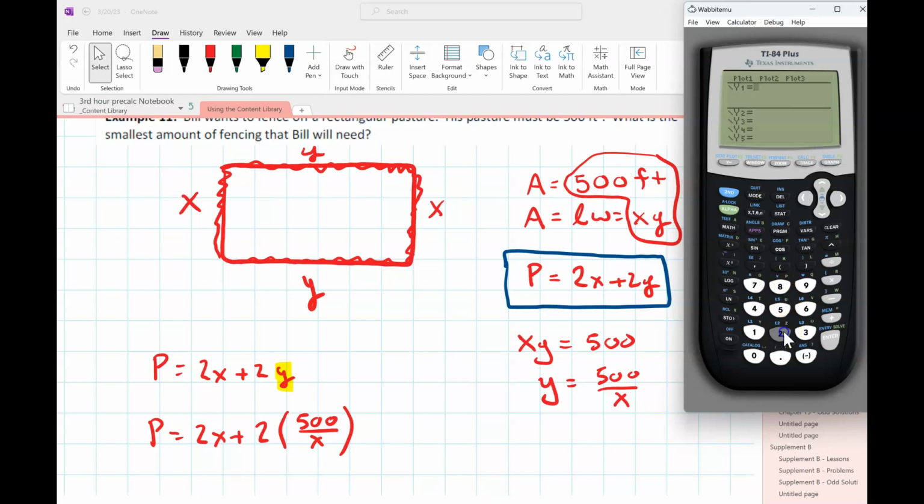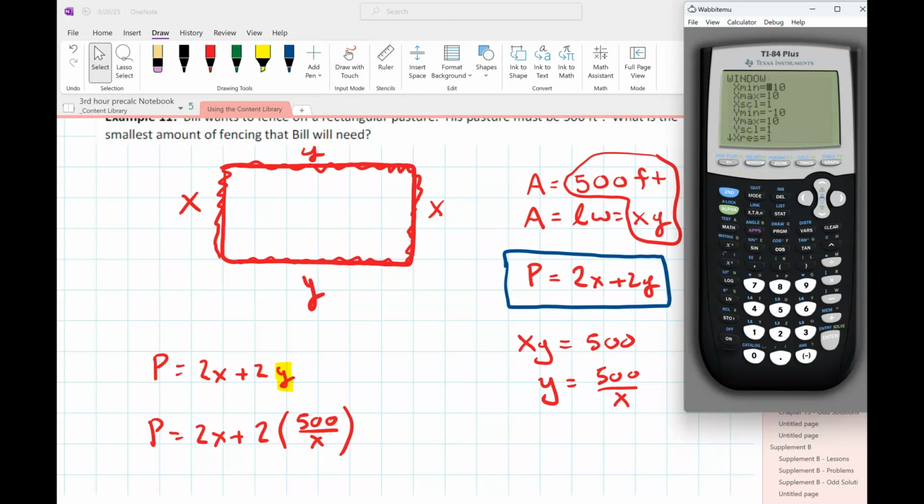So I'm going to just go into my calculator and type this in the way it looks on my sheet of paper. Everybody okay with this?